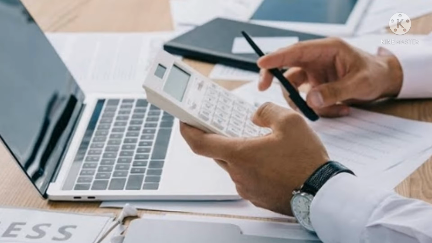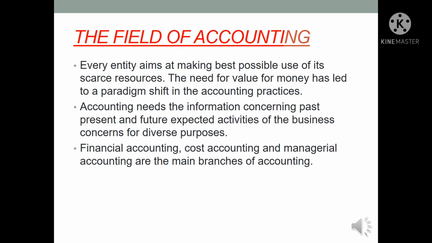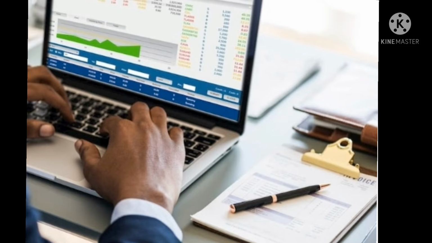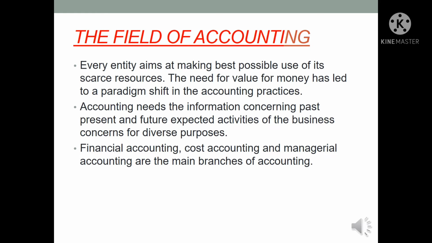The field of accounting: every entity aims at making the best possible use of its scarce resources. The need for value for money has led to a paradigm shift in accounting practices. Accounting needs information concerning past, present, and future expected activities of the business concern for diverse purposes.